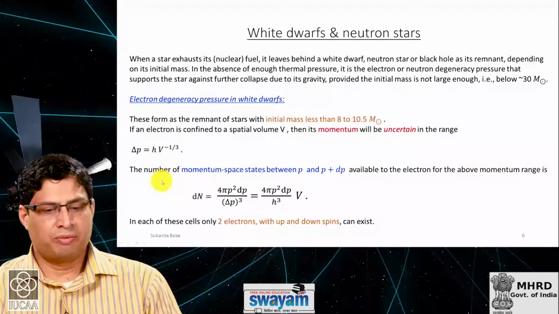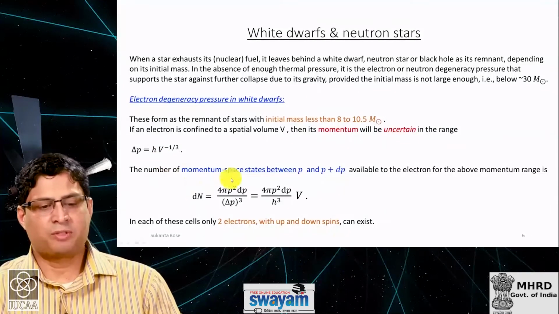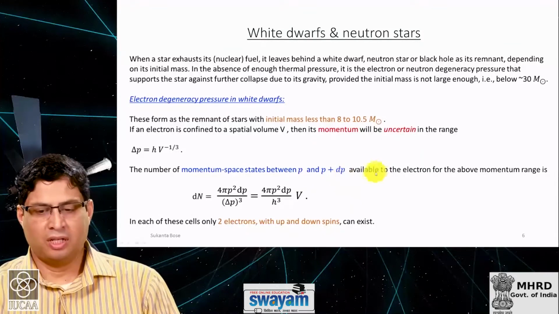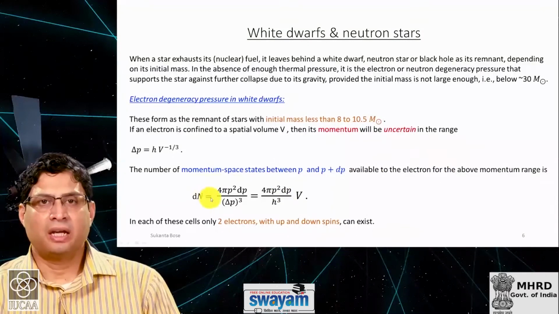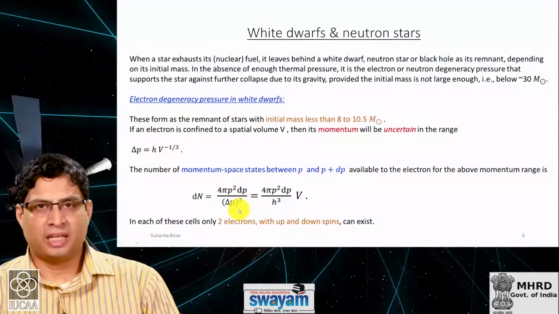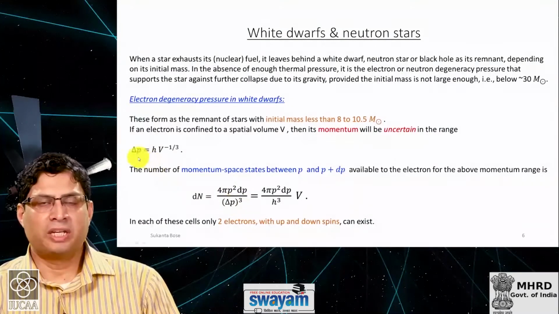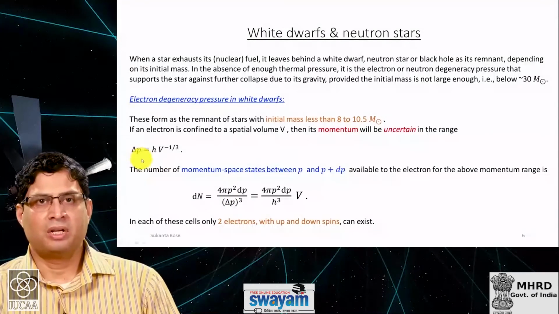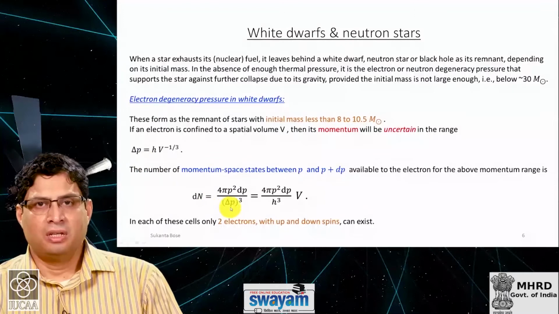Now, the number of momentum space states that you have between p and p plus dp for this electron will be, say, dn, and that is the shell in momentum space, which is 4 pi p squared dp divided by the cell delta p cubed, the volume of this small cell with momentum uncertainty delta p.